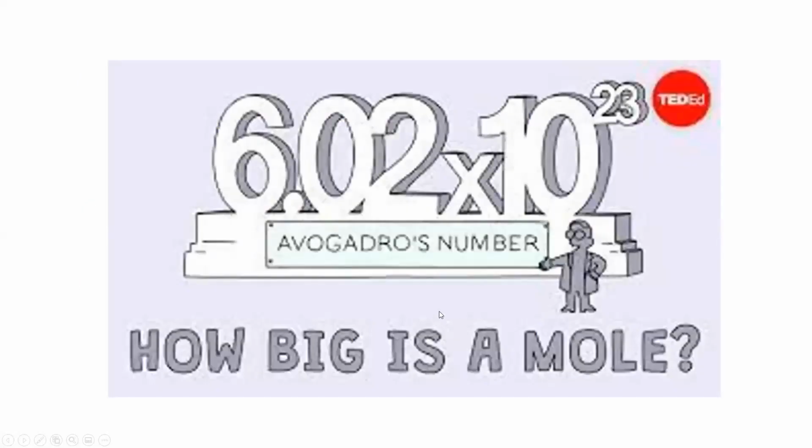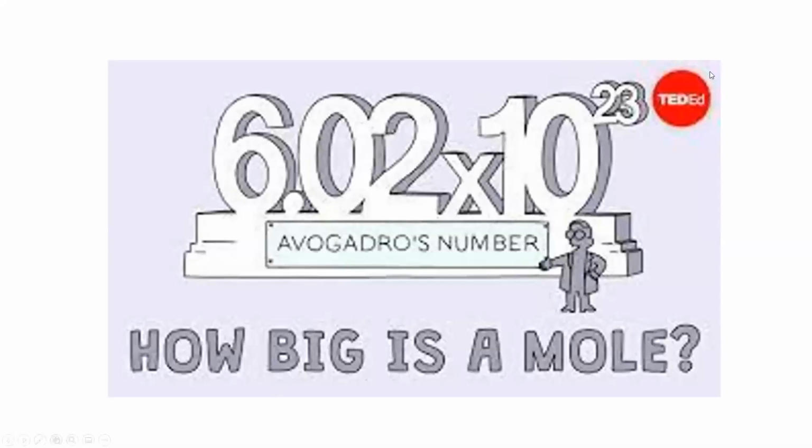A very important concept in chemistry is, what is a mole? Well, a mole is a very big number, bigger than the number of pieces of sand in the Sahara Desert, more than many of the numbers that you know.